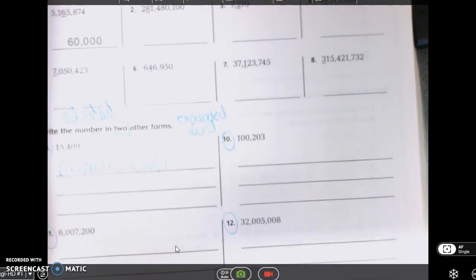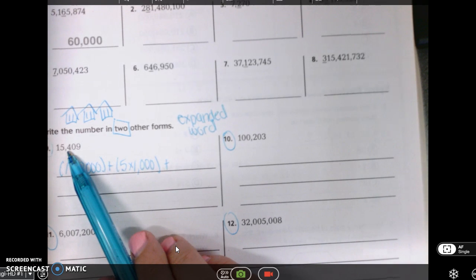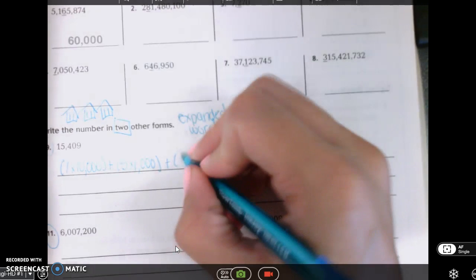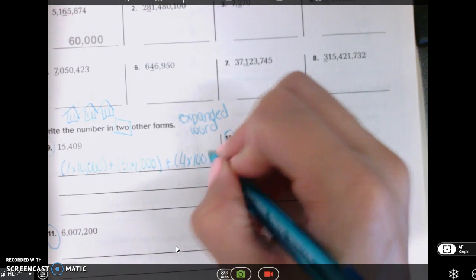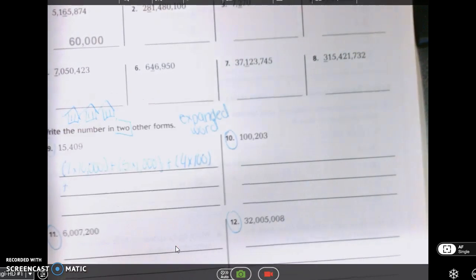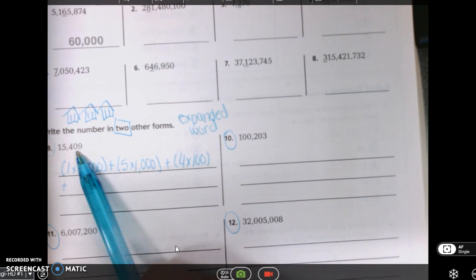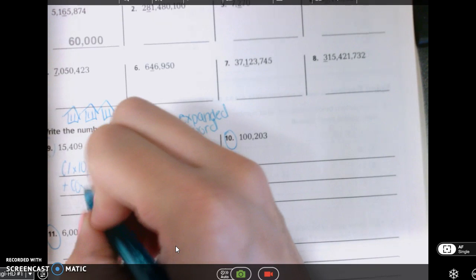Plus, there's a 4 in the hundreds space. So I show that 4 times 100. Plus, there's a 0, and it's in the 10 space. So I'm going to show 0 times 10.